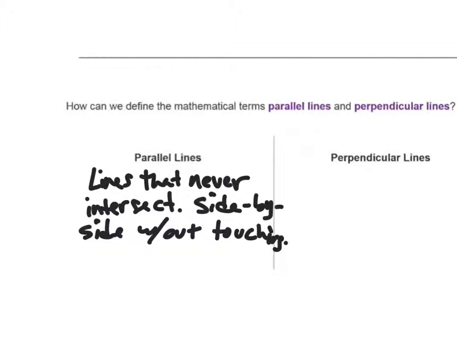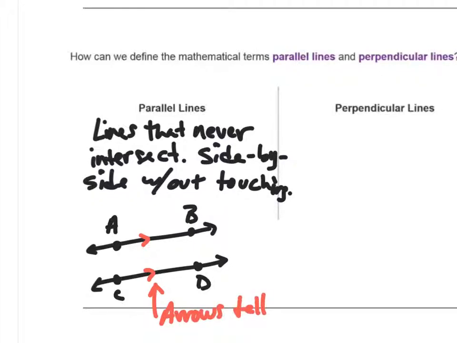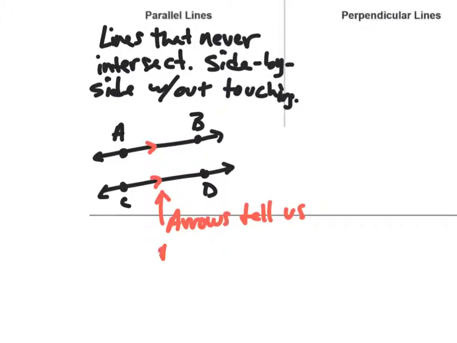Let me draw a picture of that. I would have something like this where I have a line going like this, and then I have a line going like this. I'm going to call this line AB, and I'm going to call this CD. Now what I would do to denote that they're parallel is I would put arrows. Arrows tell us they are parallel.